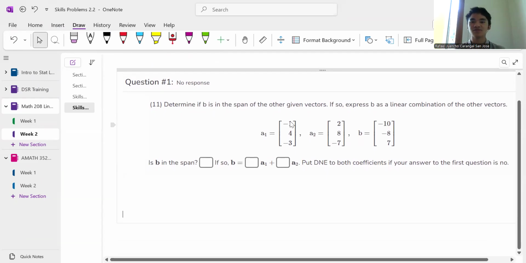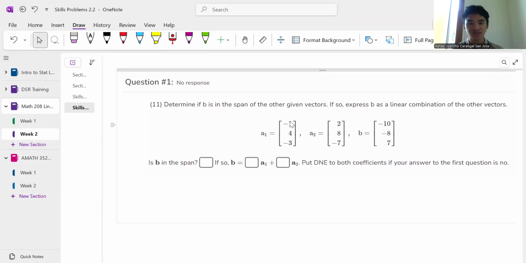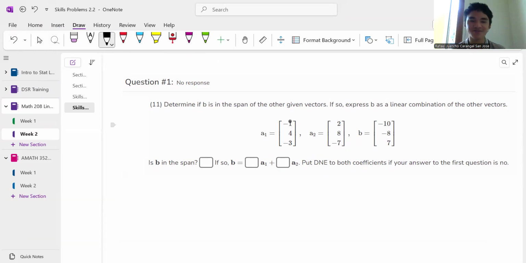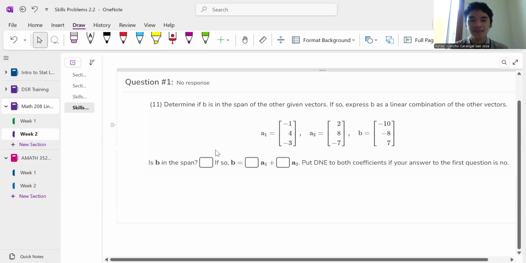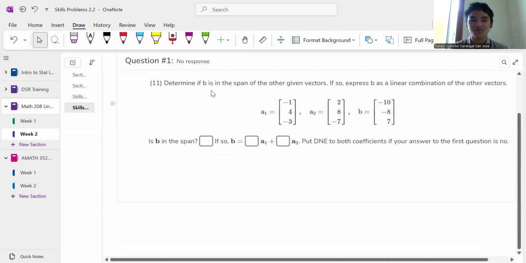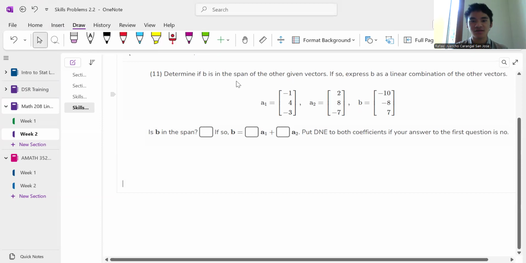If we remember what the vector is from my previous calculus series, so that was about a month ago. And so we want to determine if b is in the span of the other given vectors. And what does it mean if b is in the span of other vectors?